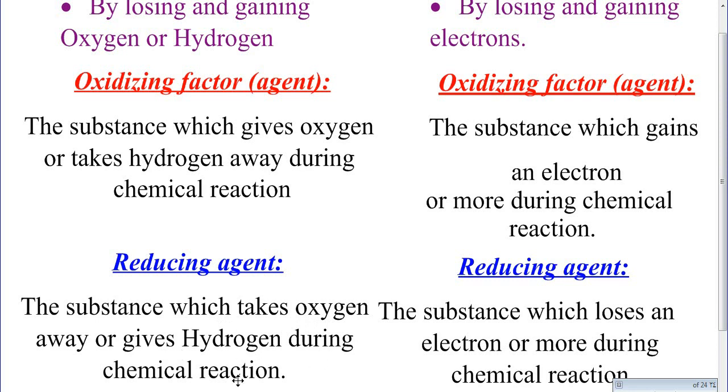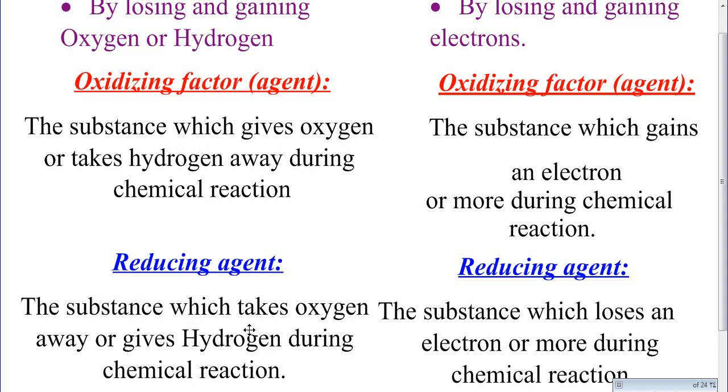So if you remember, the oxidizing agent is the agent which makes reduction, which is CuO, or copper oxide. Why? Because copper oxide gives oxygen. But what does the reducing agent represent? It represents hydrogen. Why?